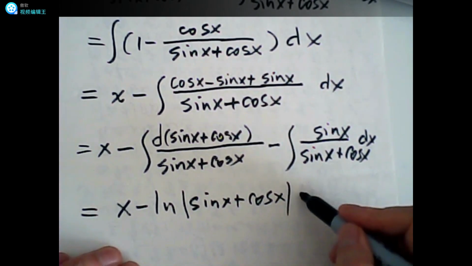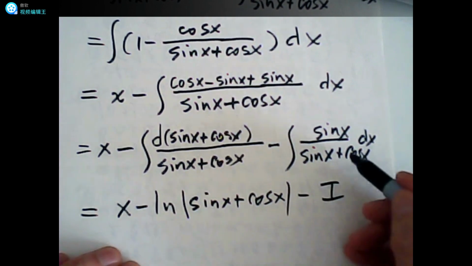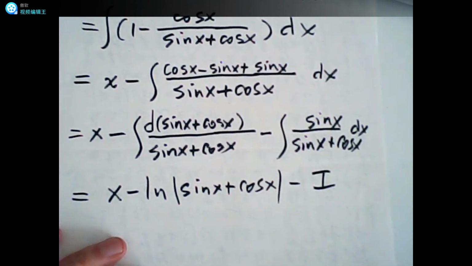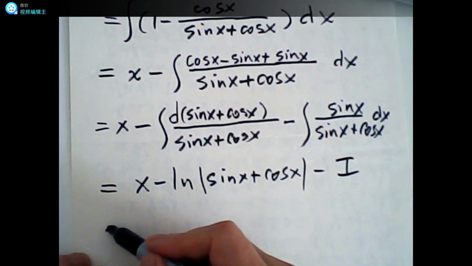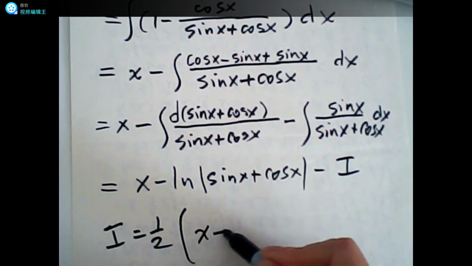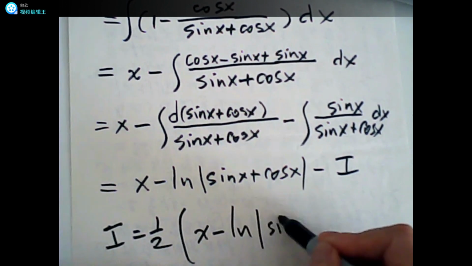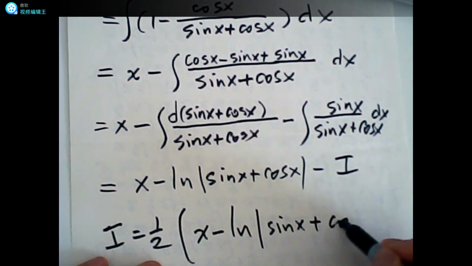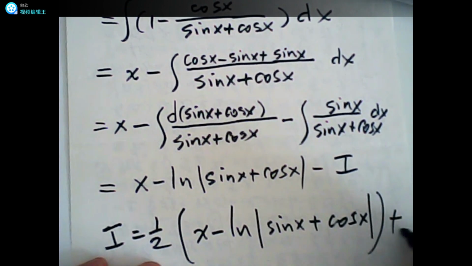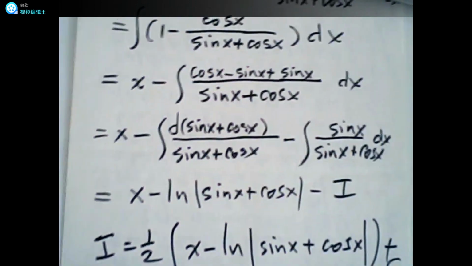And this is the original given integral, right? Therefore, my I is equal to half x minus log sine x plus cosine x plus c. See, very nicely done.